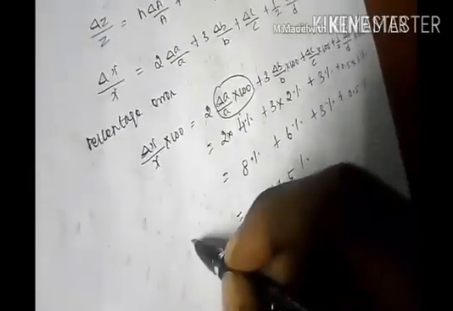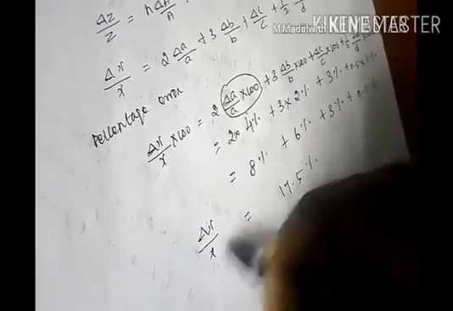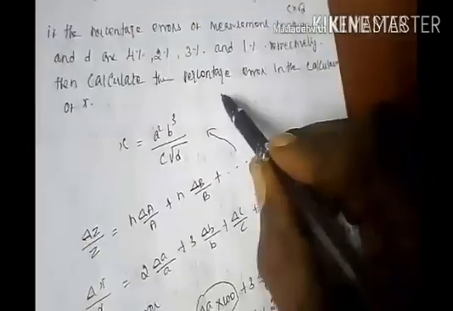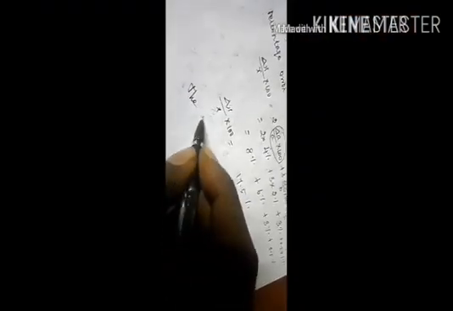So that is del x divided by x into 100. That means the percentage error in x is equal to 17.5%.